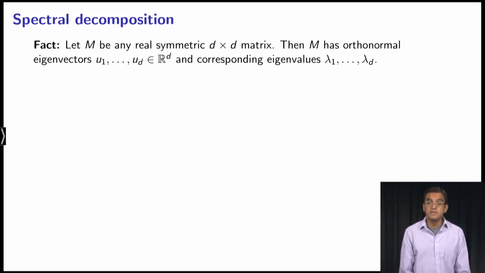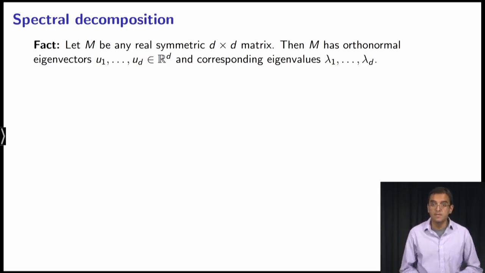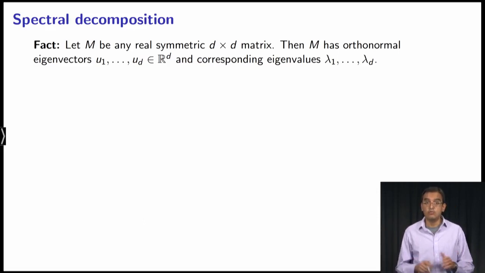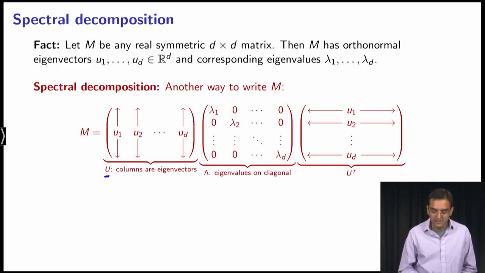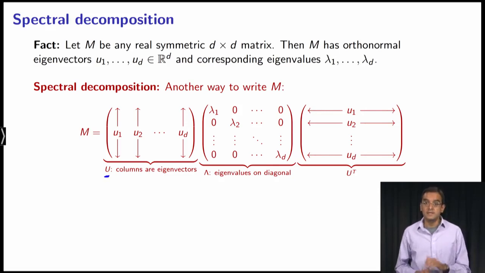It turns out that a matrix becomes quite simple if rewritten using this coordinate system. And let me explain what this means. Okay, so we take any symmetric matrix M. As we've seen, it has these orthonormal eigenvectors, u1 through ud. What we can do is to create a d by d matrix, U, whose columns are the eigenvectors.